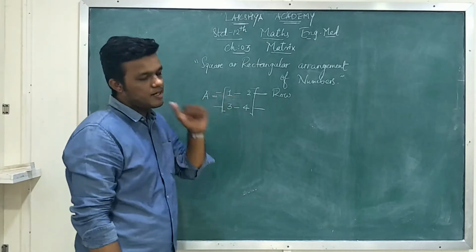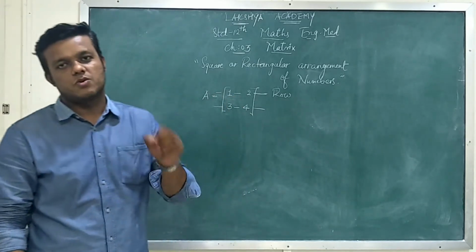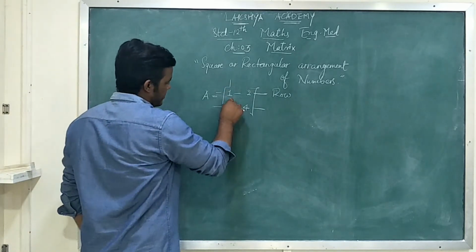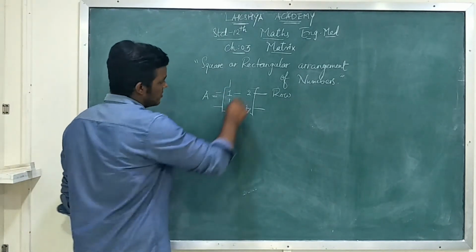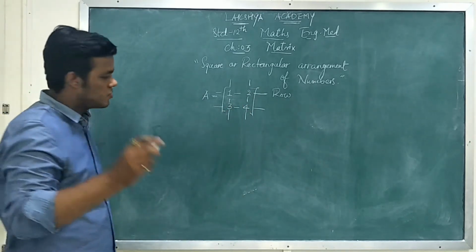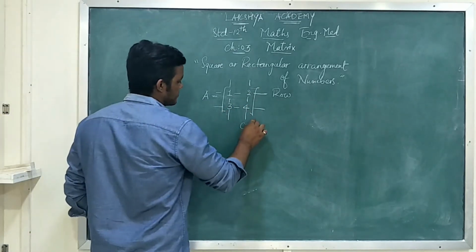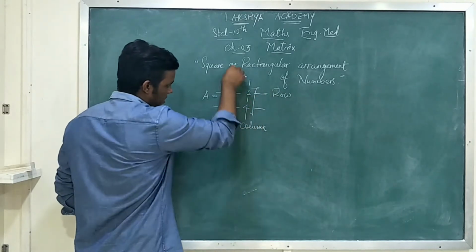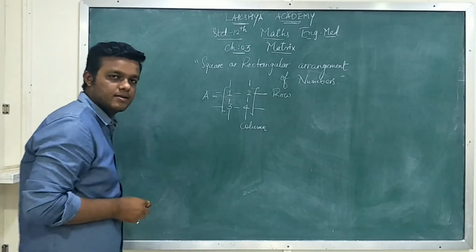So the horizontal arrangement in any matrix is known as a row. Next, the vertical arrangement, 1, 3 or 2, 4. This vertical arrangement is known as a column. This is a row and this is a column, right?